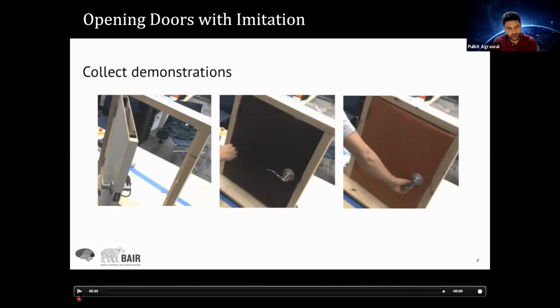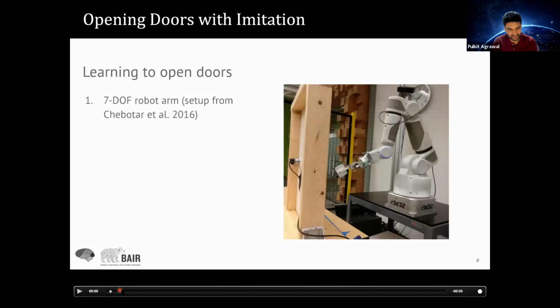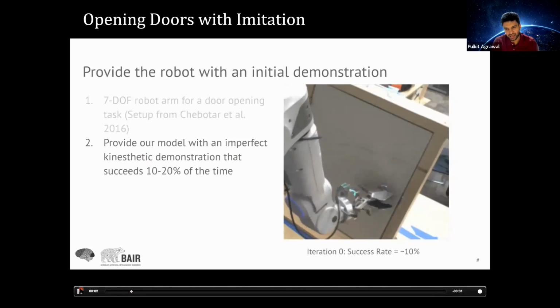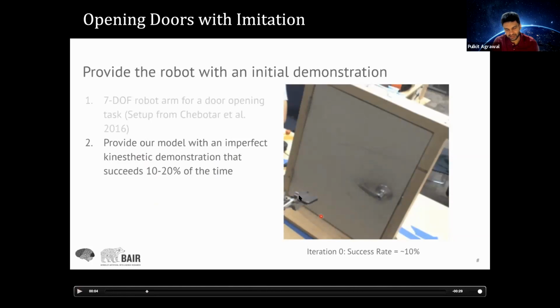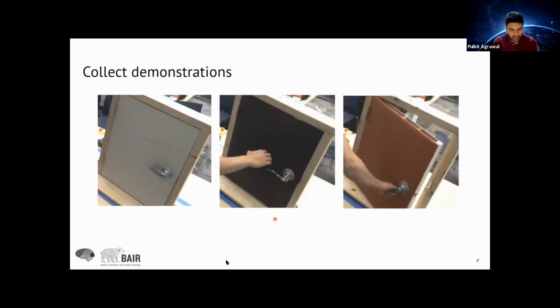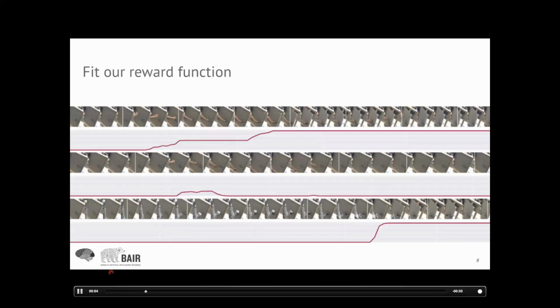And we might also move the robot and provide it with some initial seed, which was these bad demonstrations, right? And these demonstrations are pretty much trying to overcome the exploration problem, for example. And then the question we can ask is, will we be able to go and solve the task?